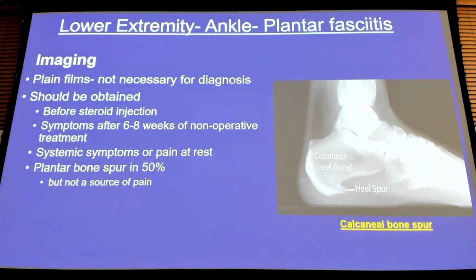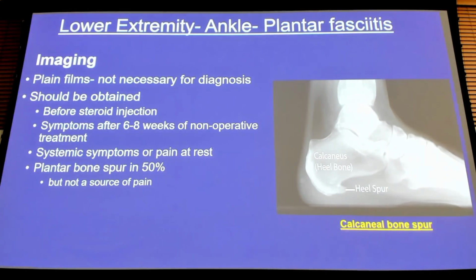Okay. Now, back in the day, we did repeated injections into that area, right? What is a side effect of using steroids on tendinous structures? Ruptures, right?